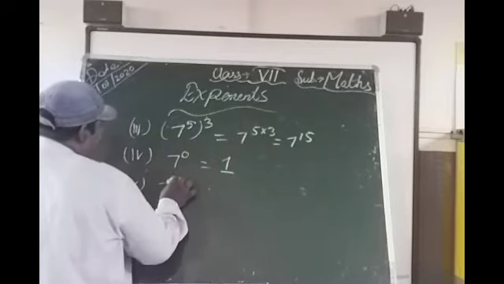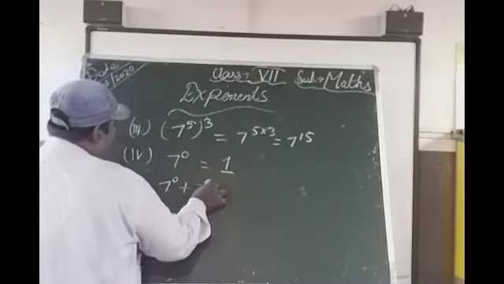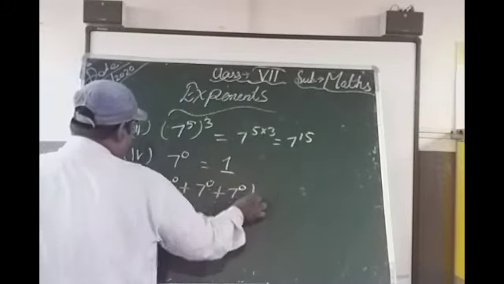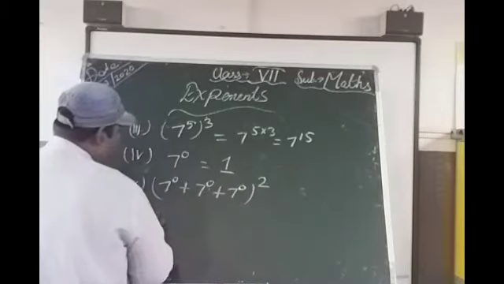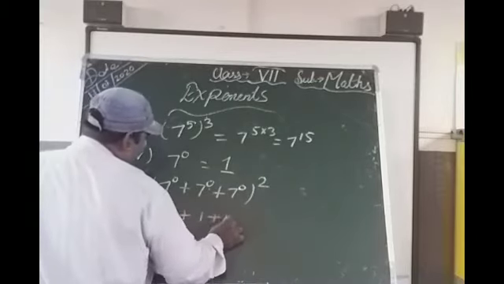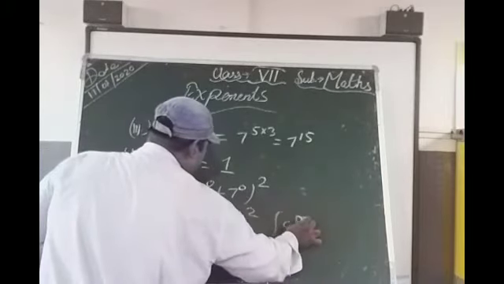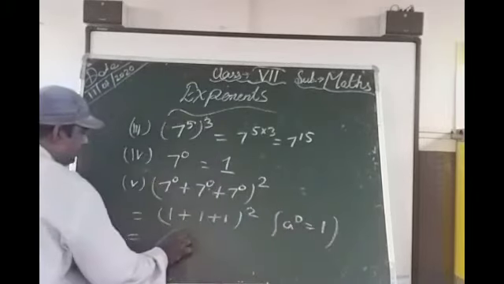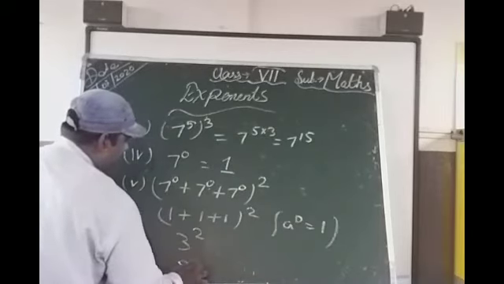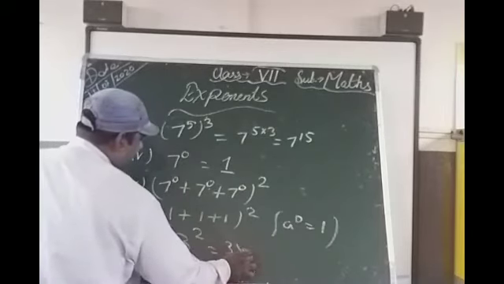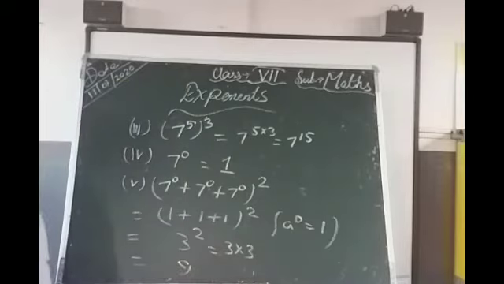Suppose that the expression is 7 power 0 plus 7 power 0, then power 2, then what do you write? 1 plus 1 power 2, since a power 0 is equal to 1, now 2 power 2, that will be 4.